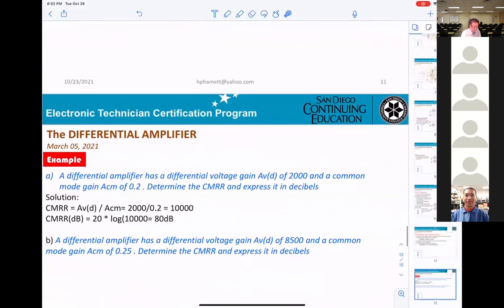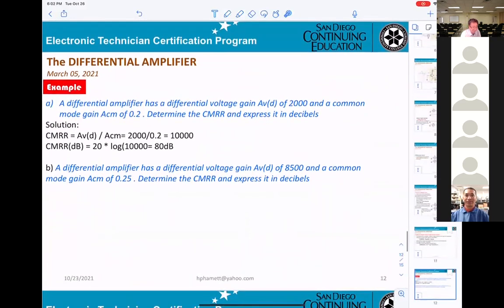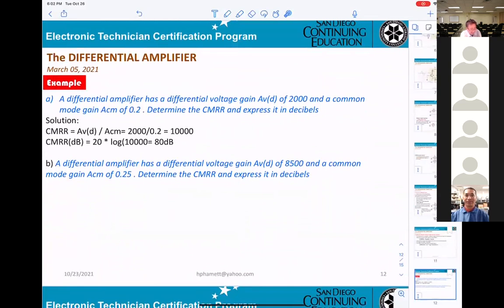Okay. Now see what's next. Example. A differential amplifier has a differential voltage gain AVD of 1000 and a common mode gain ACM of 0.2.